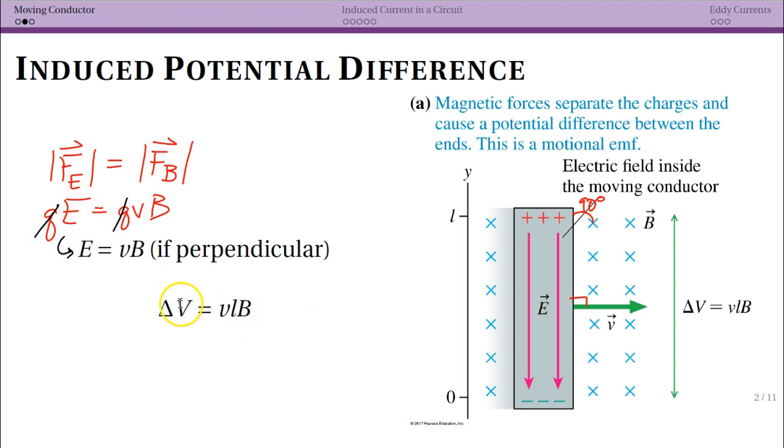So the takeaway of this is that we take a neutral conductor, it moves, and we'll talk next about why, but it moves in this magnetic field at a constant speed. You get a potential difference between the two ends. Now, this might remind you of the Hall effect, and it is similar to a Hall effect, but the Hall effect actually was using a current, where now we are grabbing our conductor and moving it.